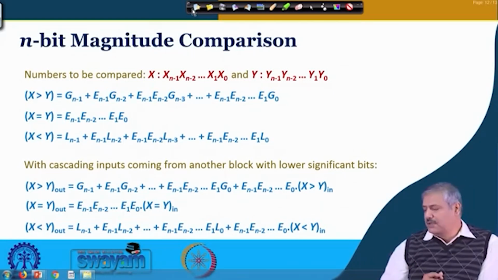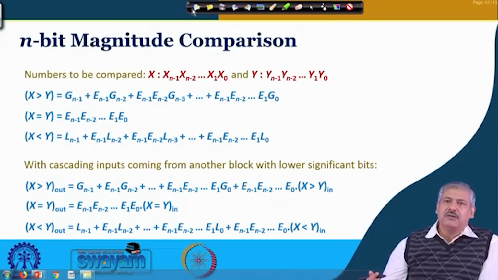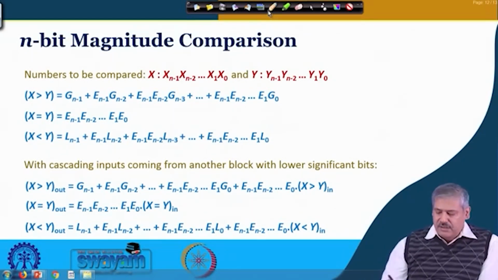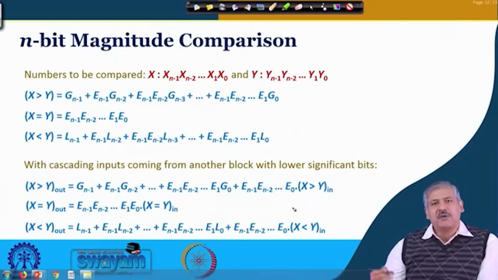So, that is what your intention will be. So, in that case, you need to have an option for connecting inputs, okay. So, in this case, the input is coming from lower significant bits, and the current circuit is comparing the more significant bits.